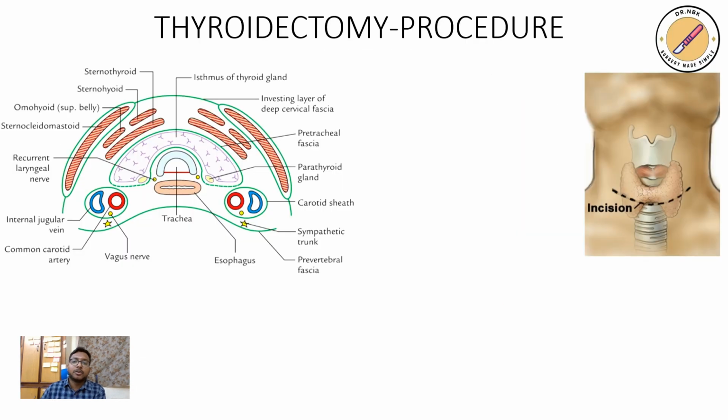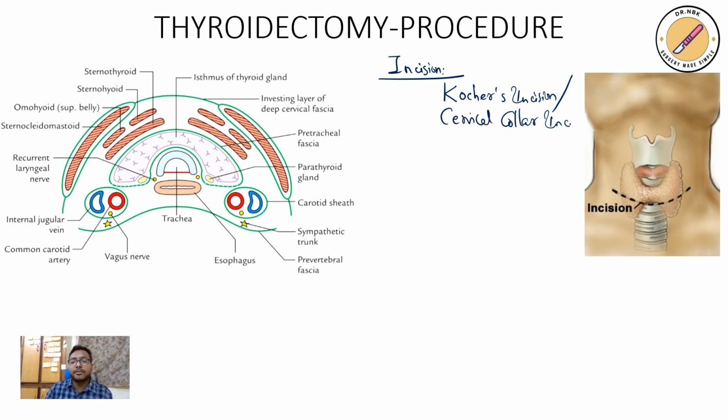Okay, right. So coming to thyroidectomy procedure, please understand the first one is nothing but your incision. We'll write down the important flow chart. First one is incision. Please understand it is also called Kocher's incision, which is also called cervical collar incision. Where is it extending from?